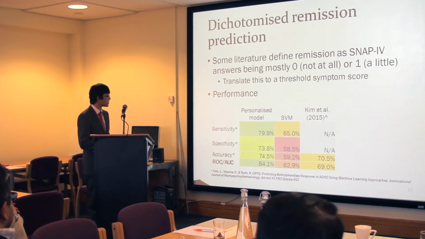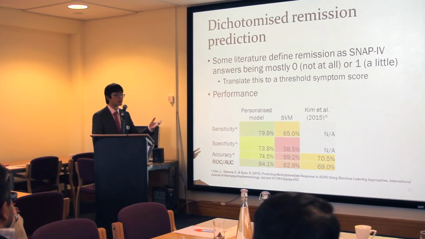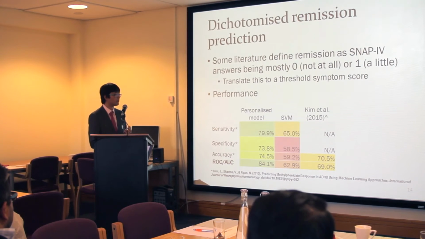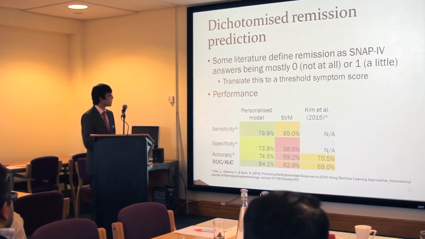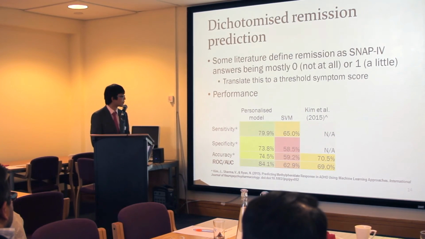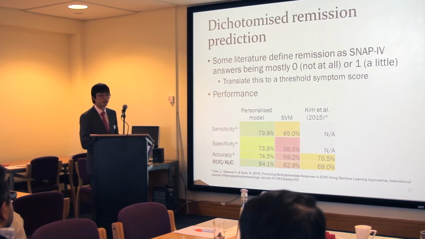And accuracy is the number of true positives and true negatives over all the cases. And here SVM is the traditional machine learning method. By incorporating a personalized model, I was able to improve upon the performance of the existing method.